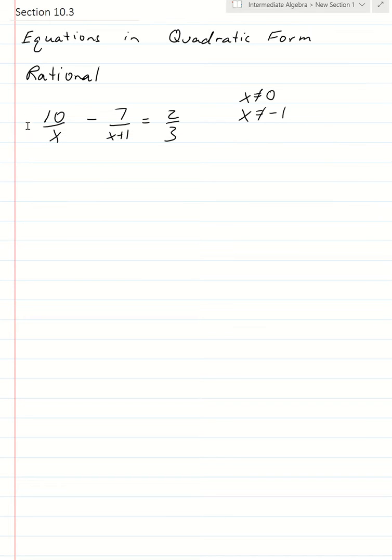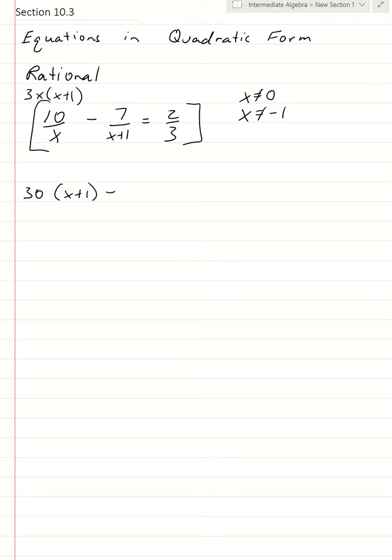And so now let's see what we have to do here. We are going to now multiply by the lowest common denominator, which happens to be 3x times x plus 1. If I multiply this first fraction with the lowest common denominator, we are in fact left with 30 times x plus 1.